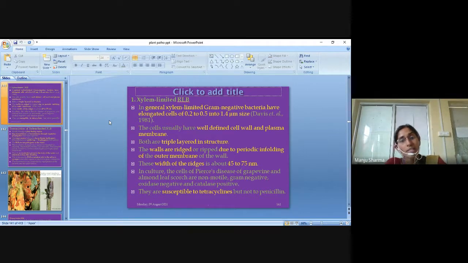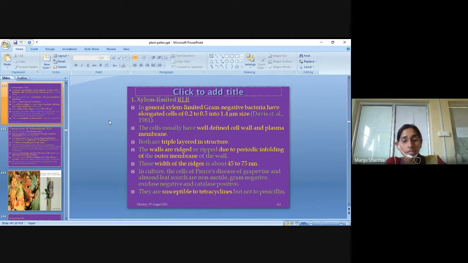The cells usually have a defined cell wall and plasma membrane, both triple layered in structure. The walls are rigid or ribbed due to periodic infolding of the outer membrane of the wall. The width of the ridges is about 45 to 75 nanometers.